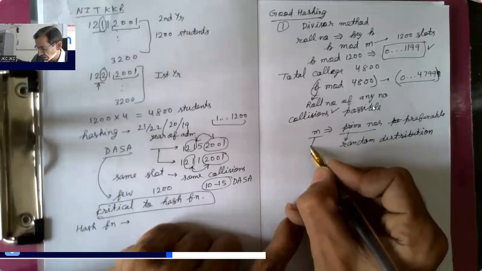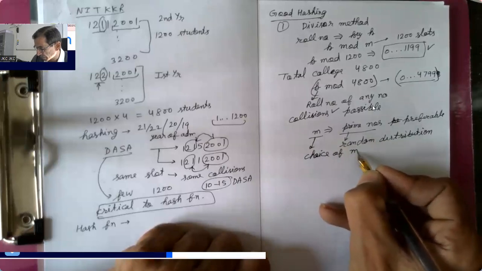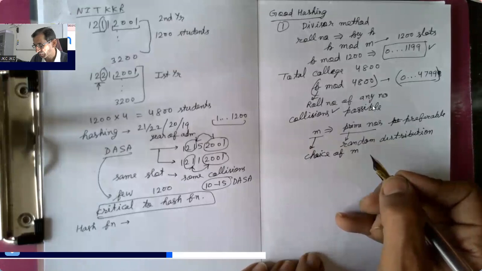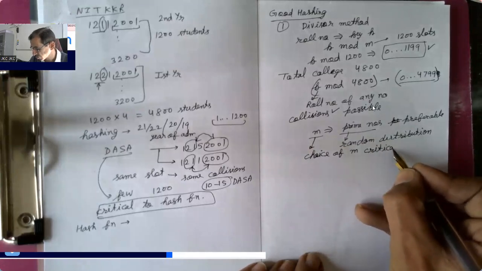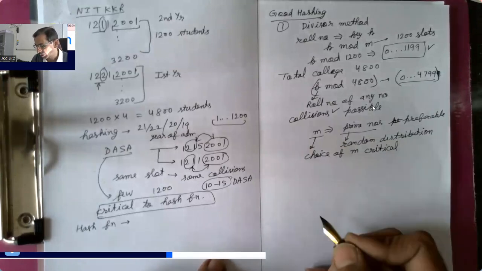But obviously, the choice of M is very critical now. If I choose M wrongly, even if slots are sufficient, my divisor might not work in every case. Hence, this is not a good method. So we will require a better method. That method I will talk about next time.